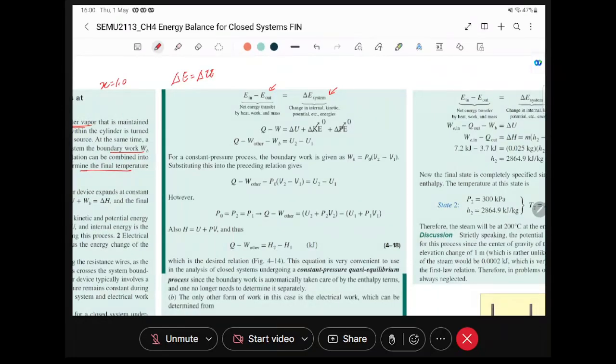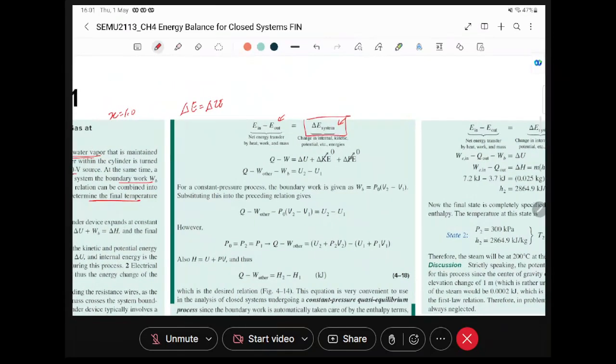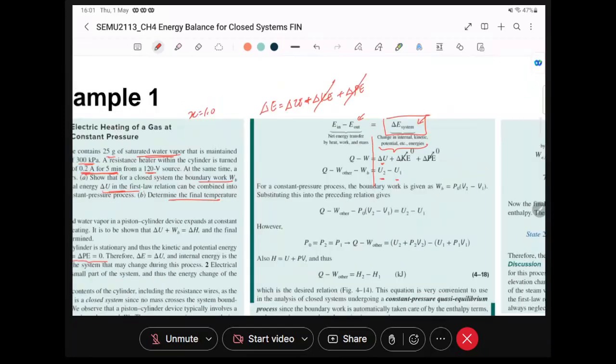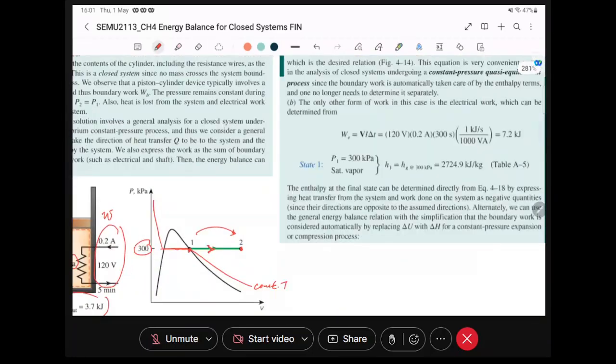Okay, so this delta E, supposedly equal to, sorry, plus potential energy, but because it's 0, so therefore this part is quite easily understood. Okay, we look at the right hand term first. And the change in the internal energy is basically from state 1 to state 2. Internal energy in state 2 minus state 1. Okay, so there's a U2, there's a U1.